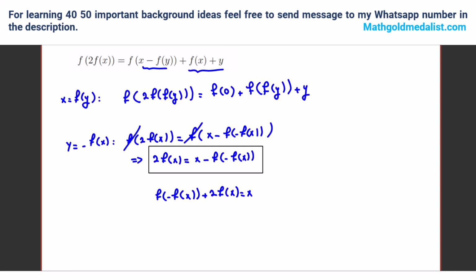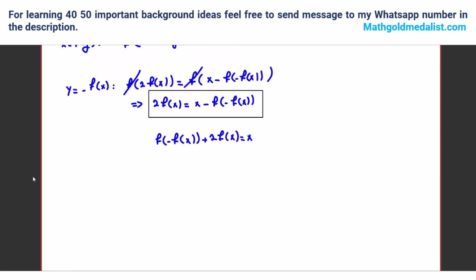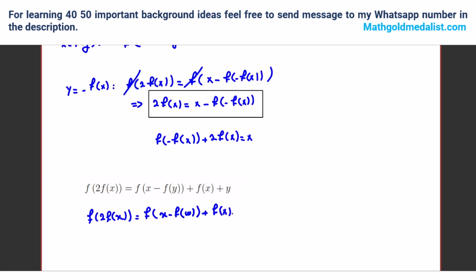Yeah, we can. For example, we can use x and, for example, w, something like this, right? And then, for example, write it twice. So let's see. For example, f of 2f of w is equal to f of x minus f of, for example, w, plus f of x plus w, right?